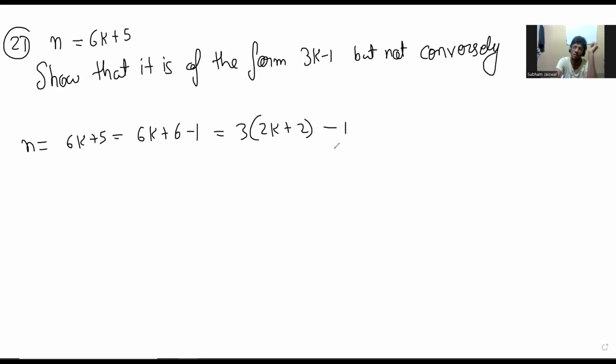So then why is the converse not true? So if you take a number of the form 3k minus 1, start with 3k minus 1. Now what could it be? 6 in terms of 6k. Well, it's just easy to check. So how should it be?